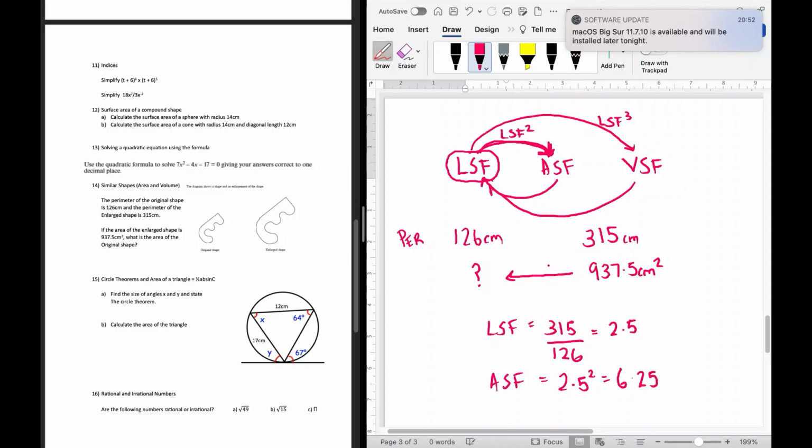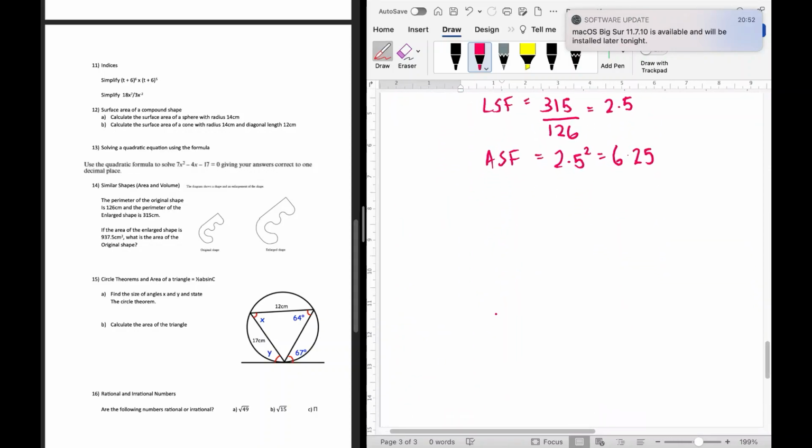Just check that out for me. And because we are going from the bigger shape to the area of the smaller shape, we need to divide that by 6.25. So the question mark, the missing area, I believe is 150. Again, I haven't got my calculator there. Got a funny feeling it is though.